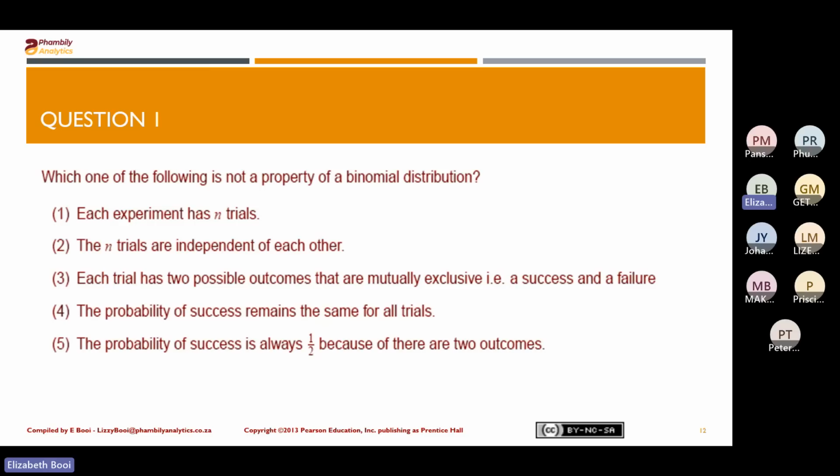Which one of those 5 statements is not the property of a binomial? Let's hear. Option 1, 2, 3, 4, or 5.